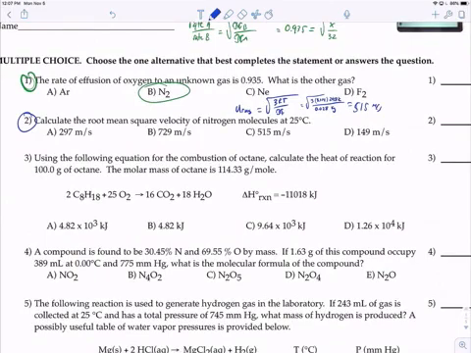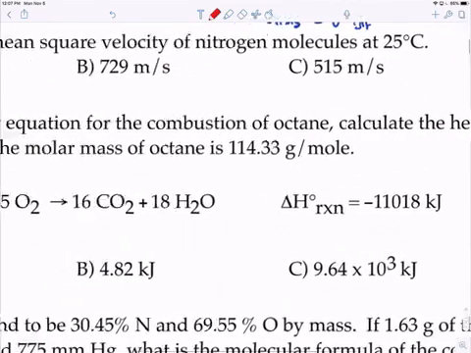So, using the following equation for the combustion of octane, calculate the heat of reaction for 100 grams of octane. The molar mass of octane is 114.33 grams per mole. So it's just by ratio, this is dimensional analysis.